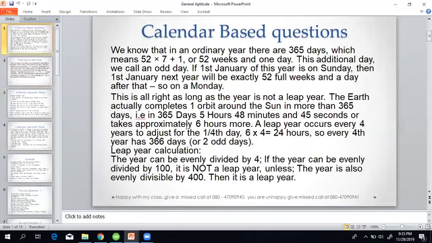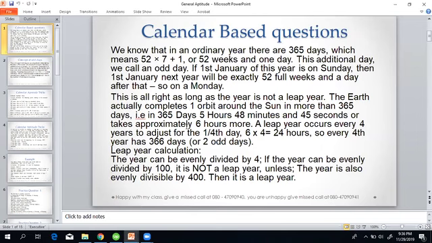So if 1st January of 2019 is on a Tuesday, and you have to find the day on 1st January 2020, it will be Wednesday, because of 52 full weeks and a day after that, that is one odd day.